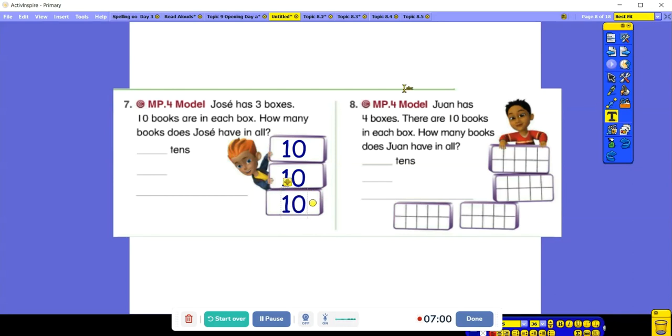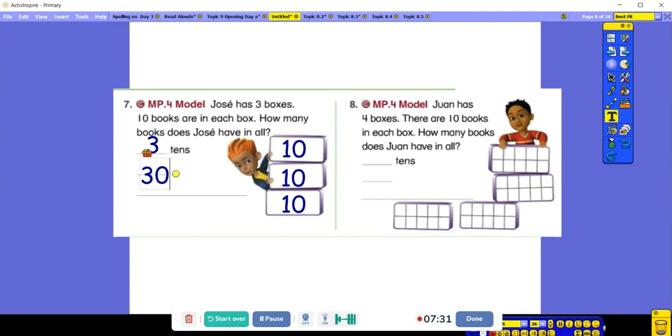Here it says how many groups of 10. So how many 10s are there? Let's count the boxes. 1, 2, 3. 3 10s. Now I want to know how many in all. So now we're going to count by 10s. 10, 20, 30.